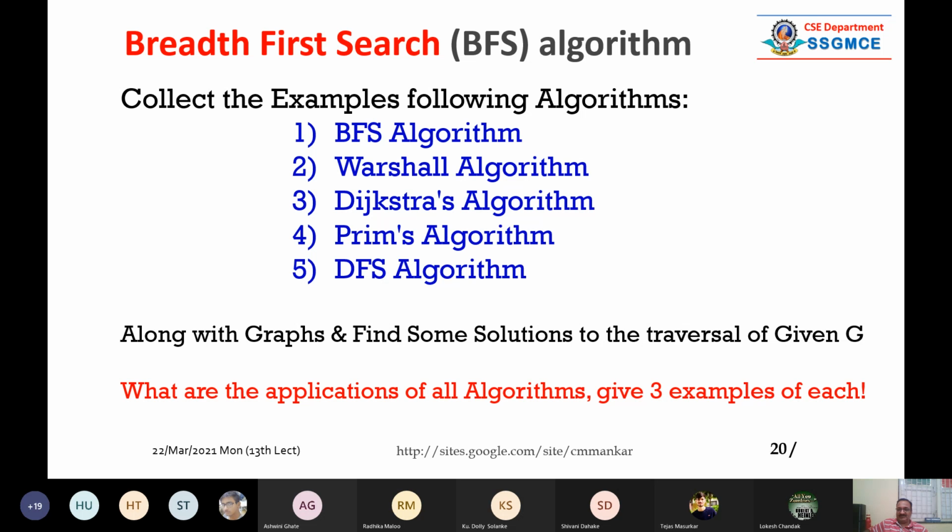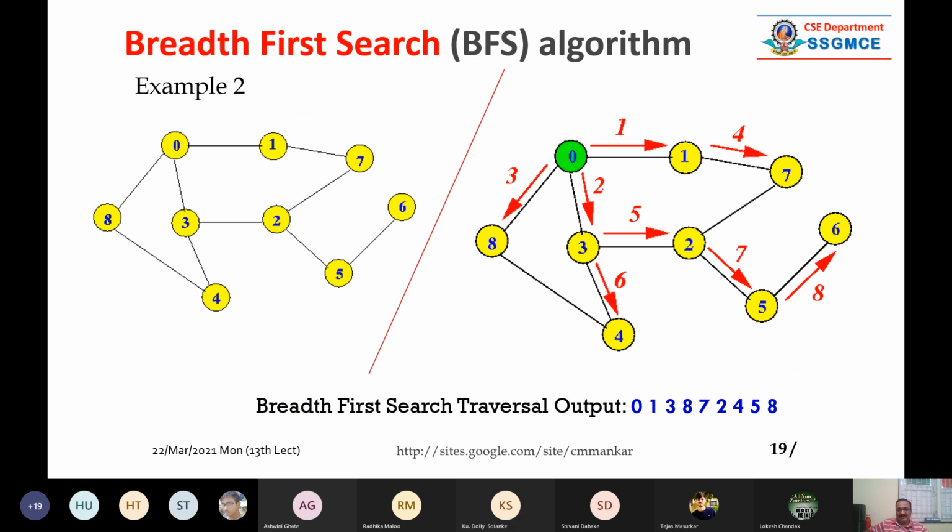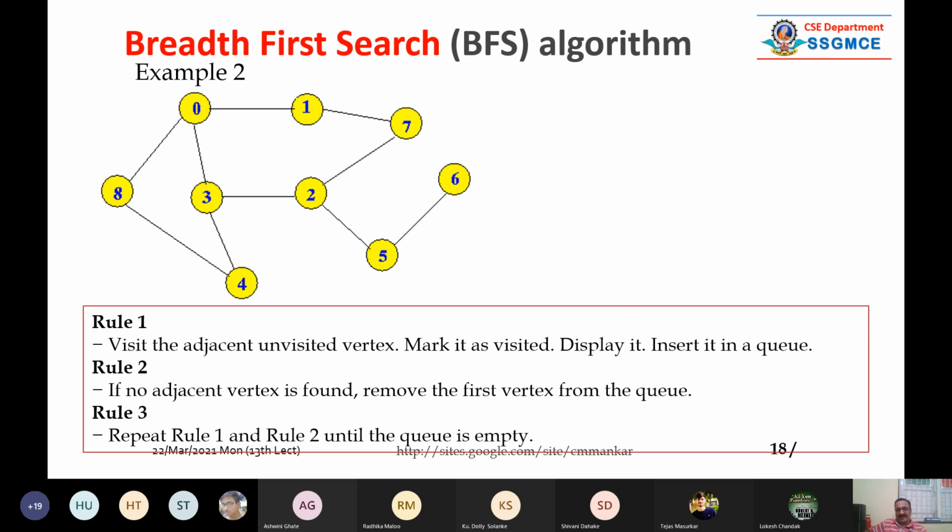Thank you, Ashwini, for answering. Now see this slide. This slide, you will not learn anything from it. That's why I told you to do this. So use this approach, means write the algorithm in such simple steps.